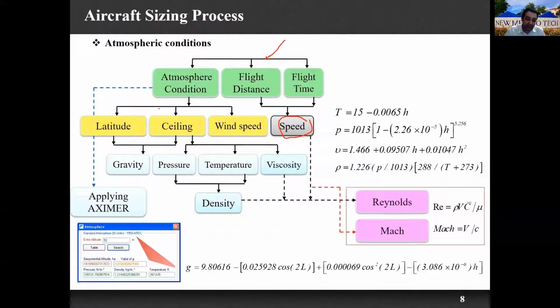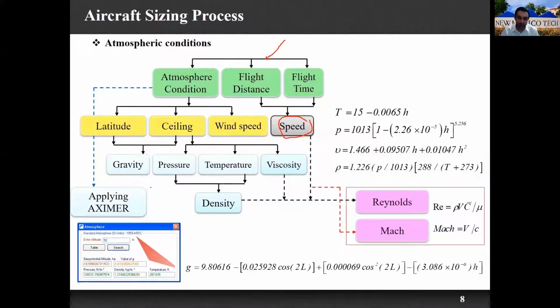As I said, if you fly in Arizona, we need to consider what latitude that is, what gravity we have there, what the pressure, temperature, viscosity, and density of the flow are there, what the range of the wind speed is, and at what altitude our airplane is supposed to fly.